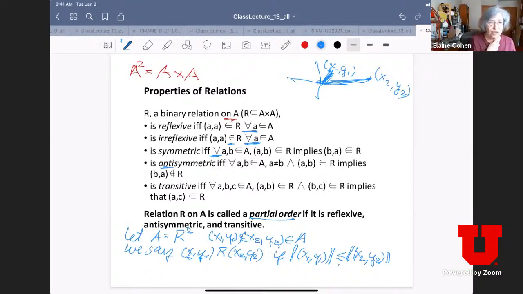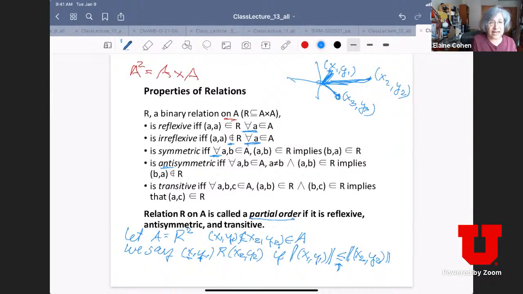It's anti-symmetric, you would think. Aha, wait a minute. Let's pick an (x3, y3) right here. And suppose (x3, y3) and (x1, y1) are on a circle. Then they're the same distance from the origin. In that case, (x1, y1) is related to (x3, y3), and (x3, y3) is related to (x1, y1) because they have the same distance. That equal sign makes a difference there.